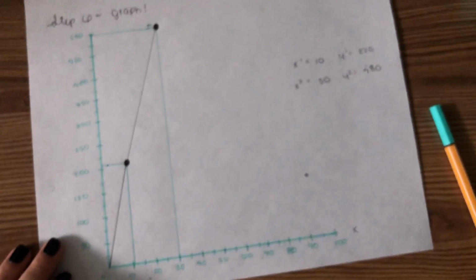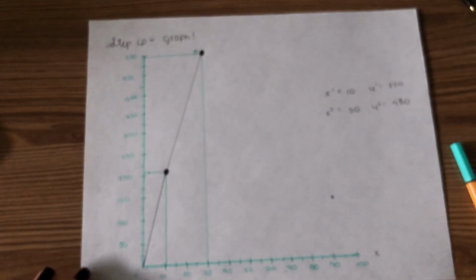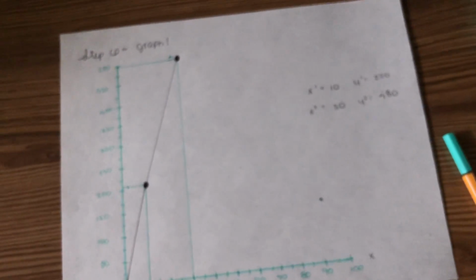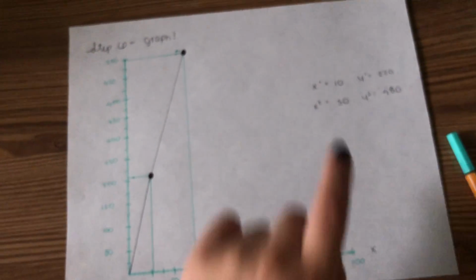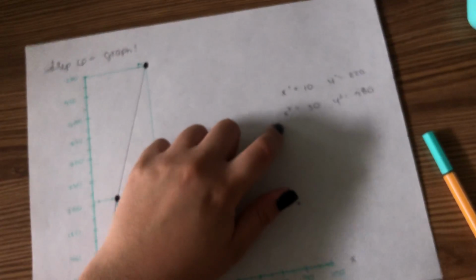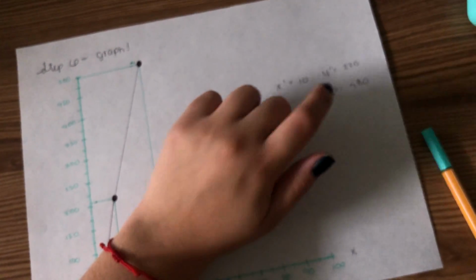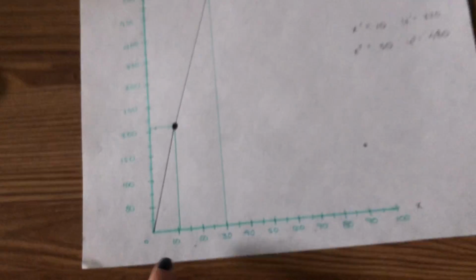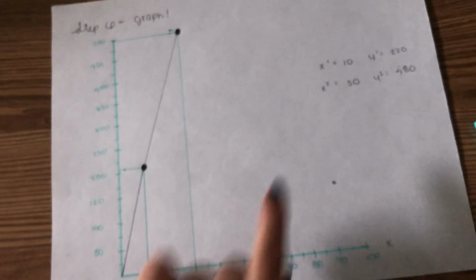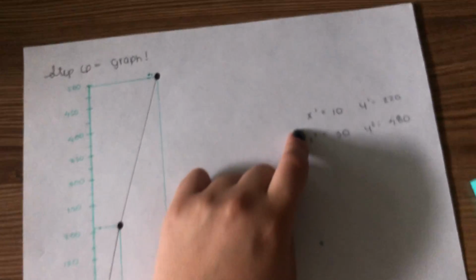And last but not least, the graph. Here I did the graph, which on this side I put the values of y, and on this side the values of x. This is our x1, x2, y1, y2. So these are the 2 points of our linear equation. The first point is located on x 10, which is equal to our x1 value.